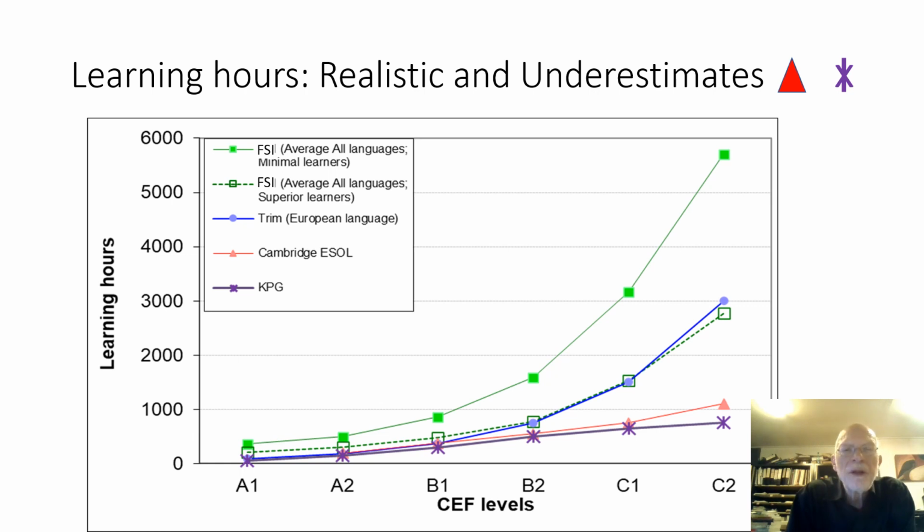And the level on the ILR scale, a level 4, which is equivalent to C2, requires almost 6,000 hours for the minimal language learner. The more efficient language learner, the more able language learner, would require about 3,000 hours.